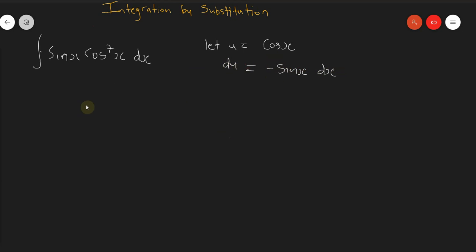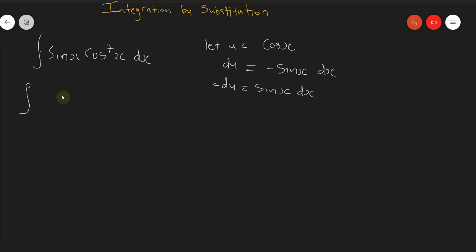Therefore all we would need to do is just replace sine x dx with, let me just do this here. So sine x dx would be equal to negative du, we would divide both sides by -1, right?